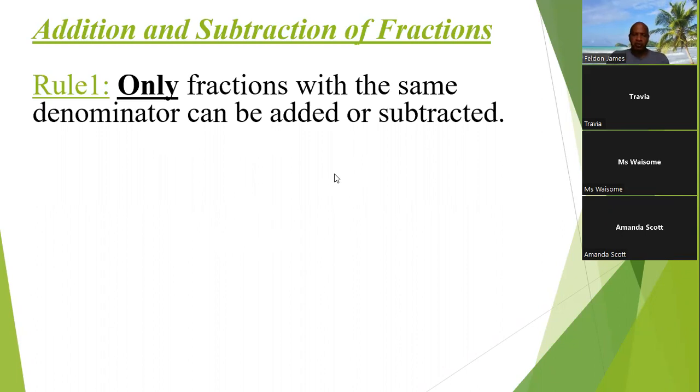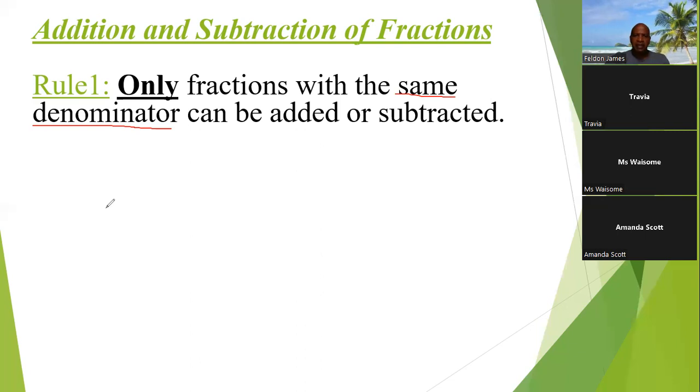That's the first rule. They must have the same denominator when you're adding them or subtracting them. And I'm asking you why. Why do you think that we can only add them when they have the same denominator?